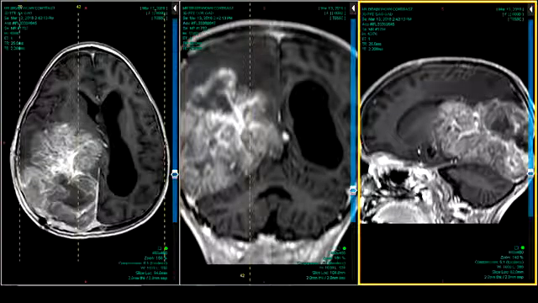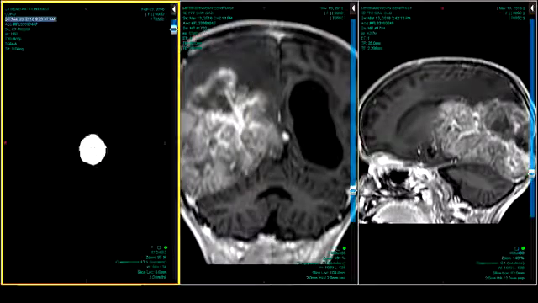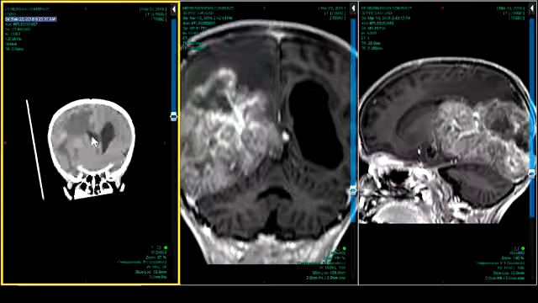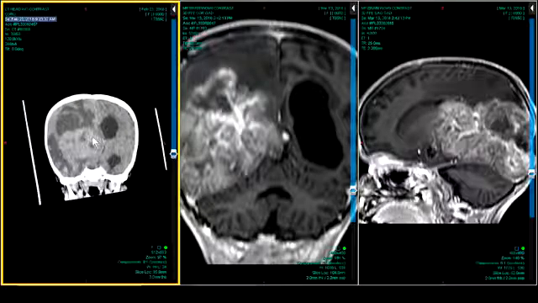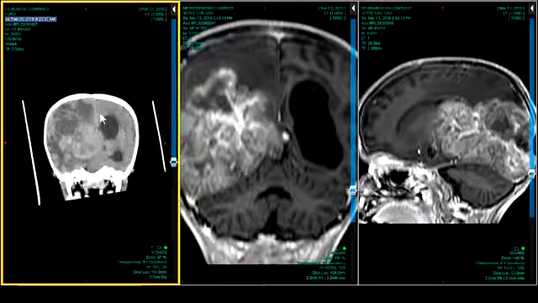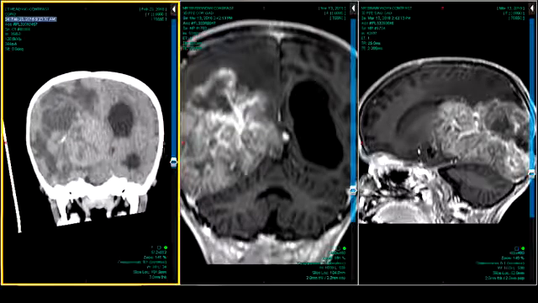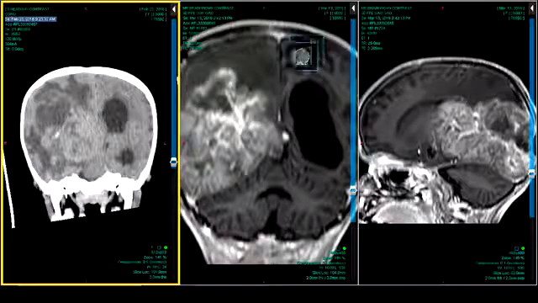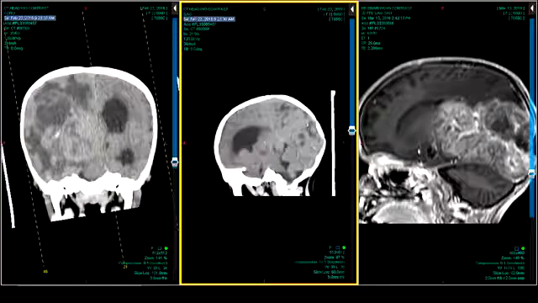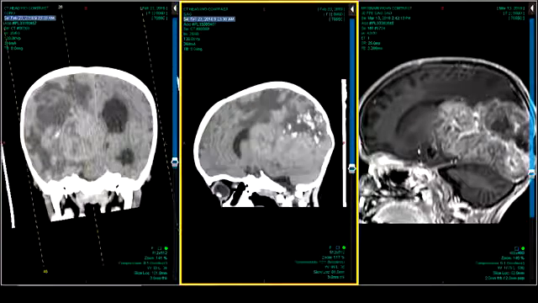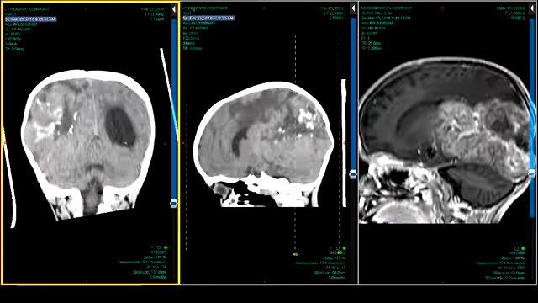All right, let's take a look at the CT now. It's a non-contrast CT. So a little bit of calcium present, but not a lot. Actually, I'll have to take that back.